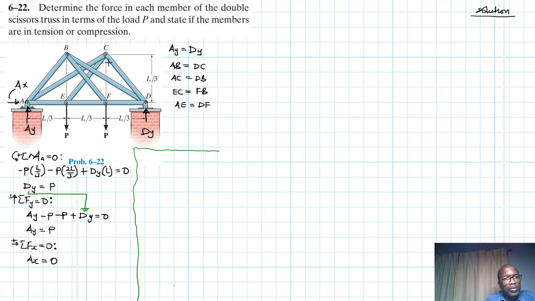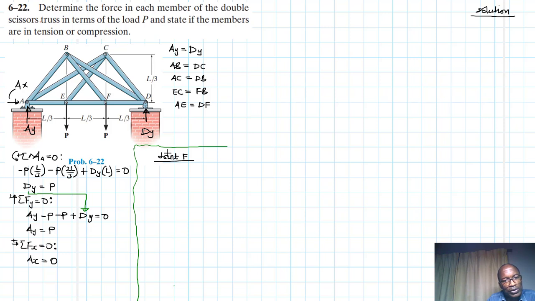Of course, we want to start with a joint that will give us less work. It's up to you to pick which of that joint. We're going to use the joint method. So for me, I'll go for either joint E or F. Joint E and F will give us the similar results. So let me go for joint F.